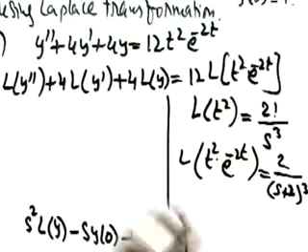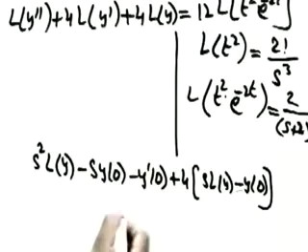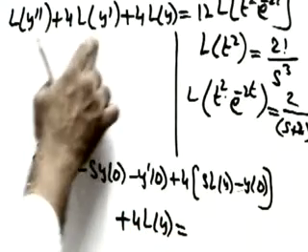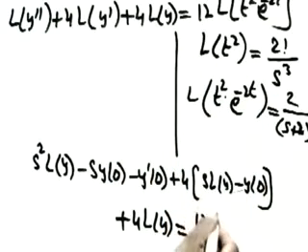Plus 4 into Laplace of y dash, which is s into Laplace of y minus y naught. Plus 4 into Laplace of y. We wrote these three terms. Now on the right side, 12 into 2 by s plus 2 whole cube.